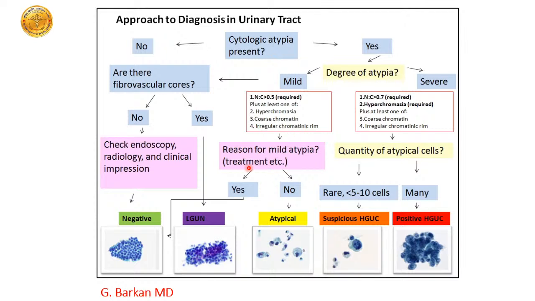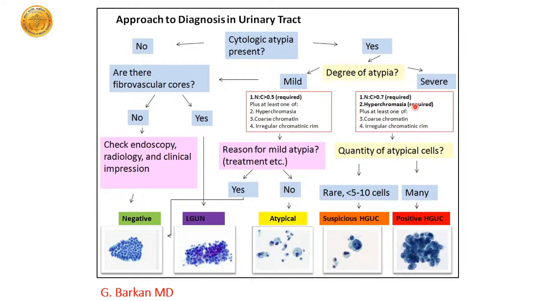If there is mild atypia, there may be reasons for it, like lithiasis, viral cytopathic effects, or treatment-related changes. Then you call it negative for high-grade urothelial carcinoma. And if you don't have a reason for this mild atypia, you have no history, you can go on to call it AUC, or atypia in urothelial cells.